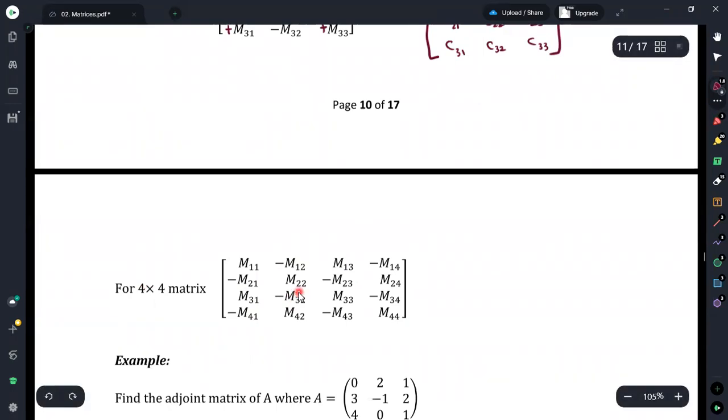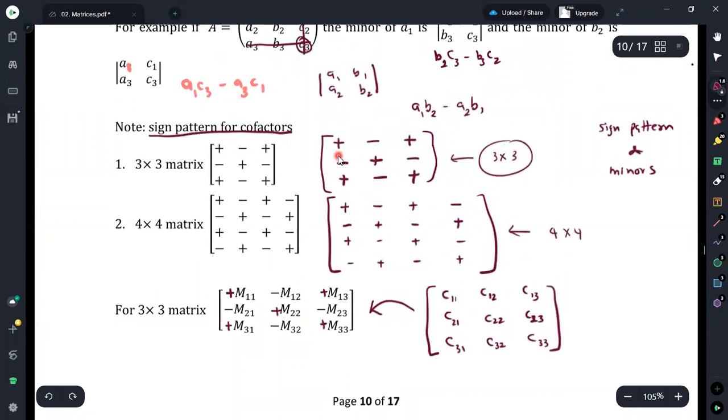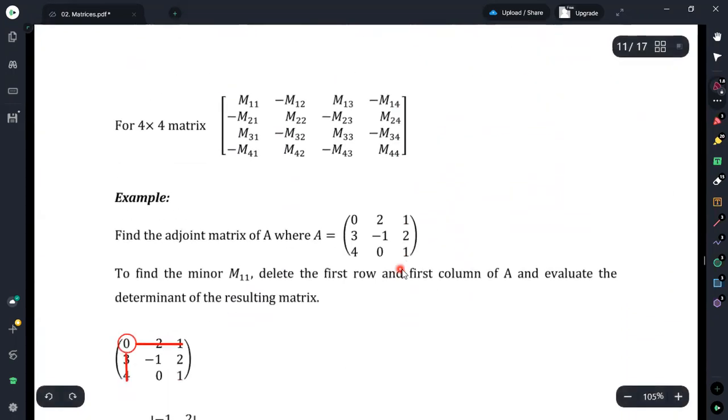This is the theory behind the calculation steps of obtaining the adjoint matrix by using the minors, sign pattern and the cofactors.